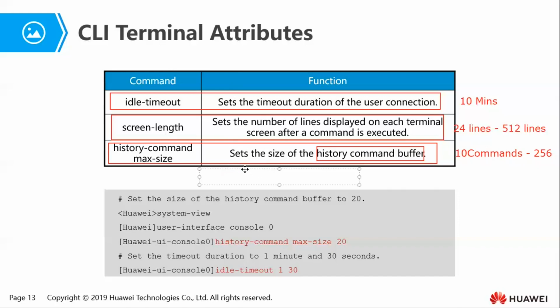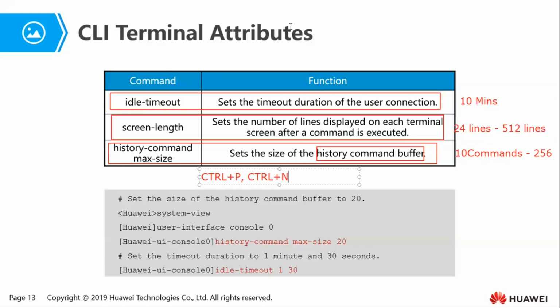Other than the up arrow and the down arrow, you can also use Control plus P to go up the history buffer, or Control plus N to go down the history command buffer. So Control plus P for, I think, previous, and N for next.